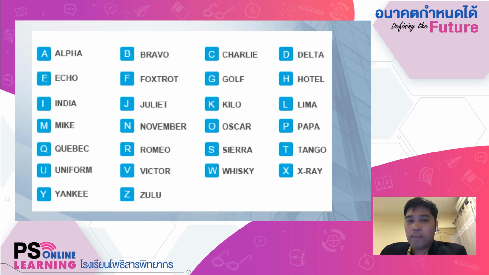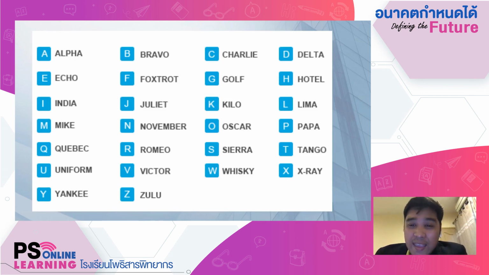So begin from A to Z. You say A for Alpha. Repeat after me right now. Alpha, A for Alpha. Bravo, B for Bravo. Charlie, C for Charlie. Delta, D for Delta.